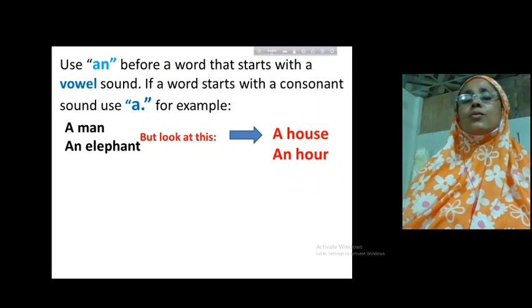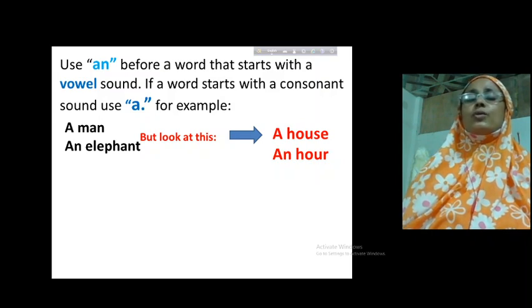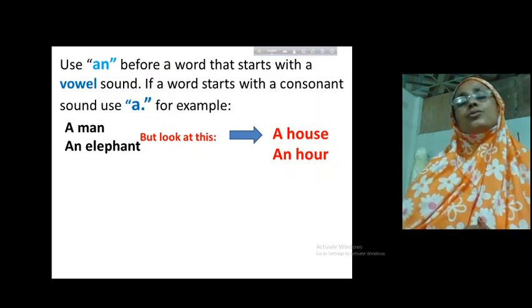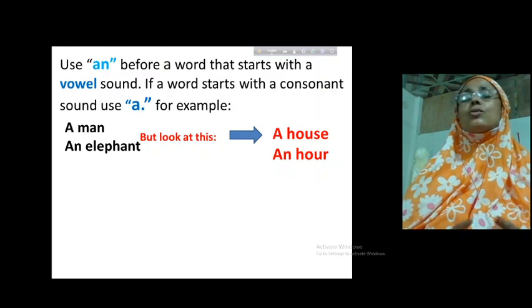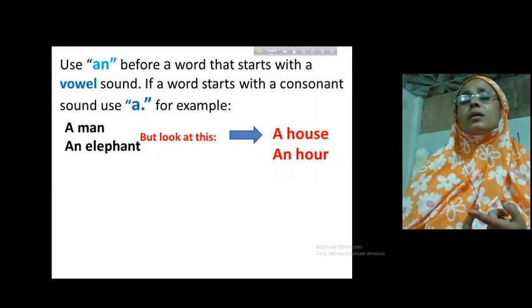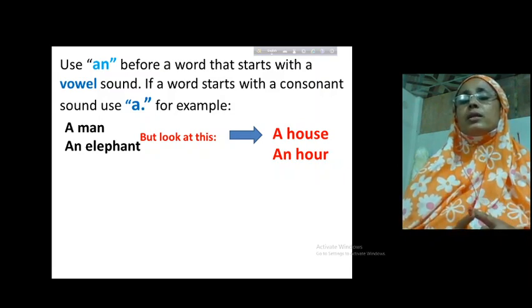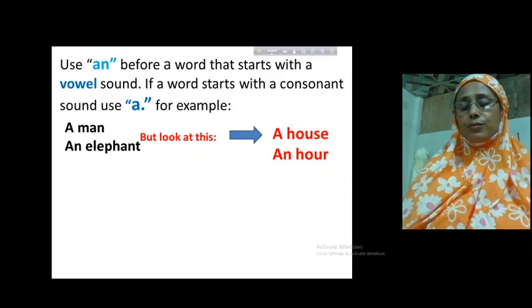What about hour? We used an before hour. Though the word starts with H, a consonant, we pronounce it with an vowel sound. So we have to be careful about the sound, not the letter.